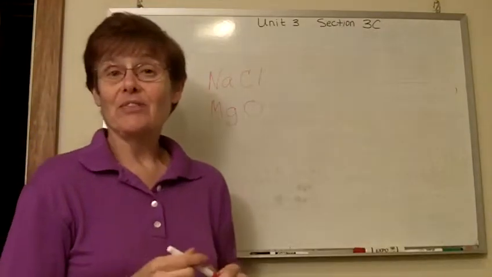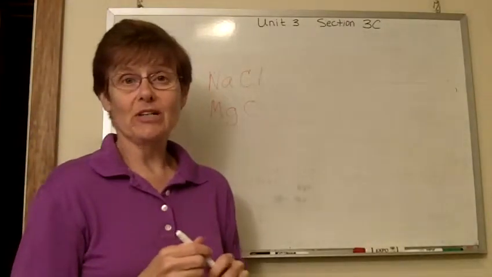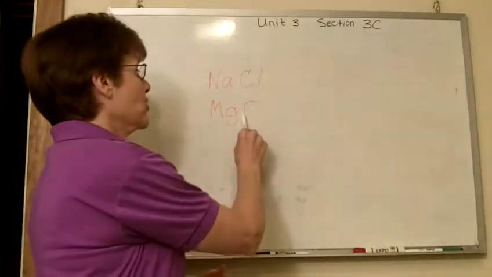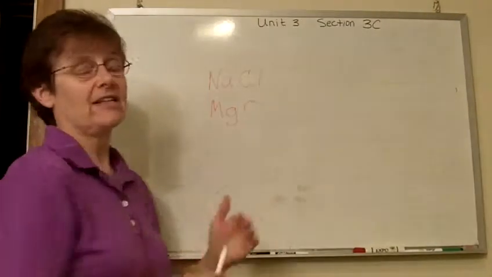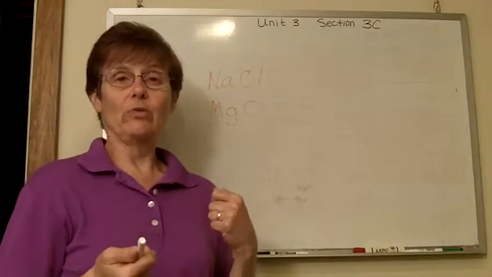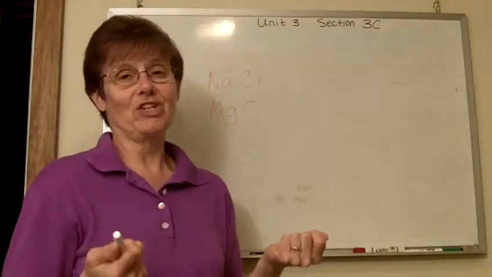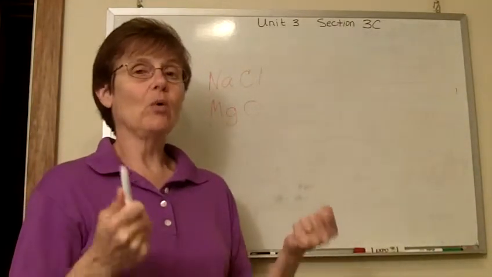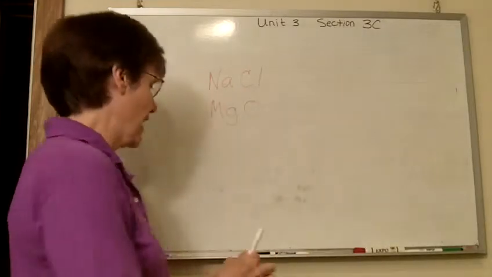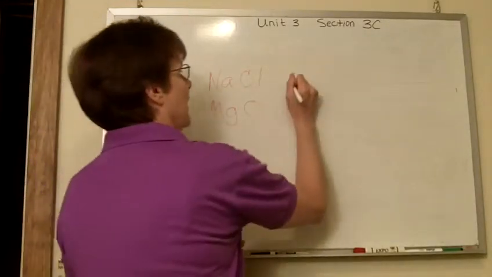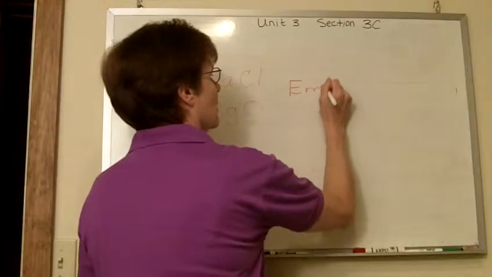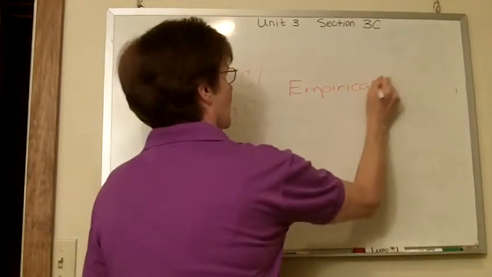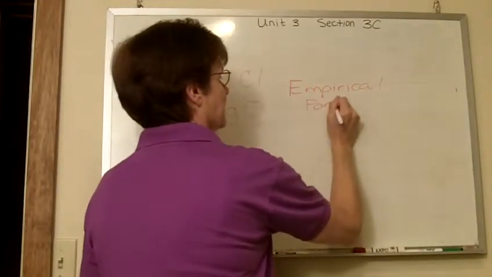And as a matter of fact, if you did that crisscross method that we talked about before, you would get a 2 and a 2. But we'll reduce that down and just show it as a 1-to-1 ratio, since it is a 1-to-1 ratio. So we're just looking for the lowest whole number ratio. And that is called an empirical formula.